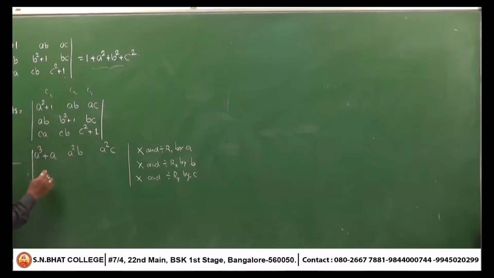Next, multiply and divide R2 by B, means AB square, B cube plus B, B square C. Divide R2 by B means I will write outside the determinant. Multiply R3 by C means A C square, B C square, C cube plus C. Divide by C means I write outside.